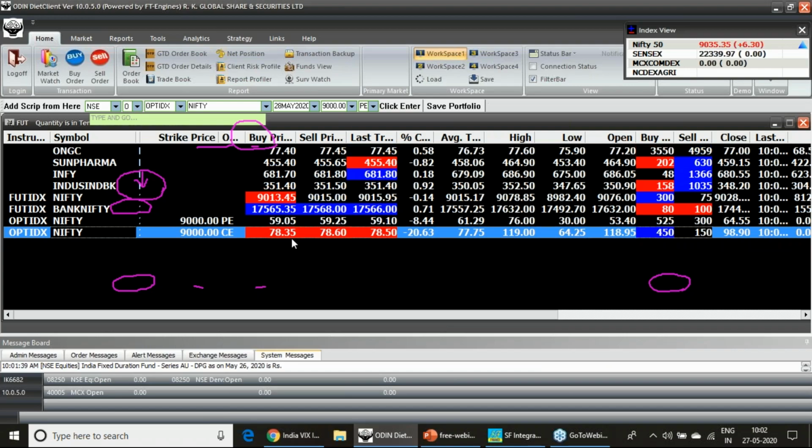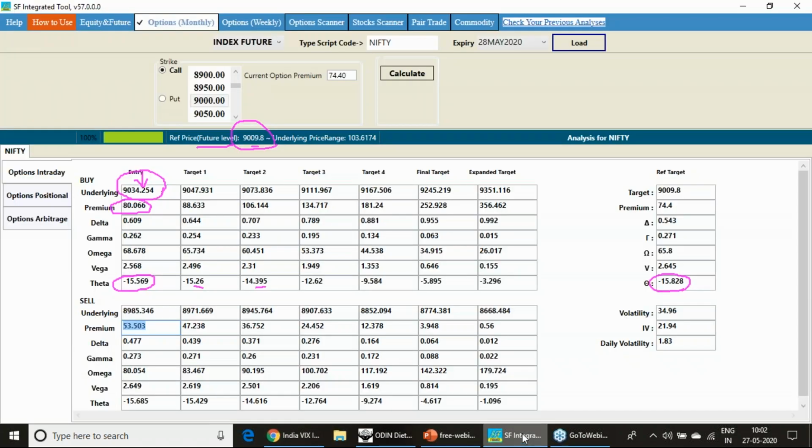So 9034 or 80, whichever comes faster. Here 9045.15 is now. So it is not the spot price, it is the future price. So if the premium comes first or the future price of Nifty comes to 9034, then you should initiate this.